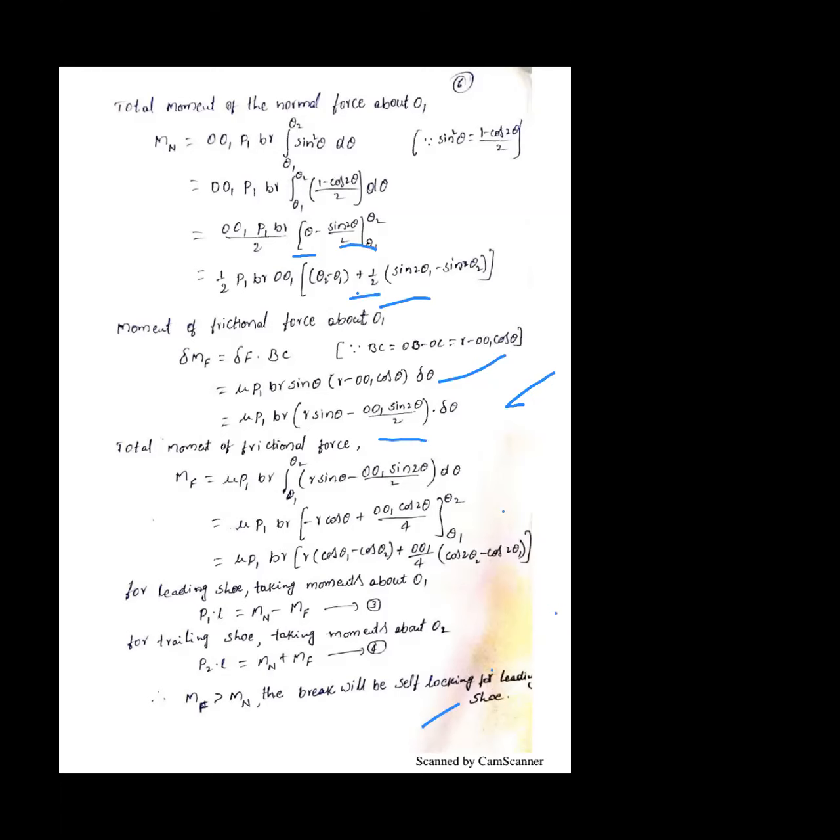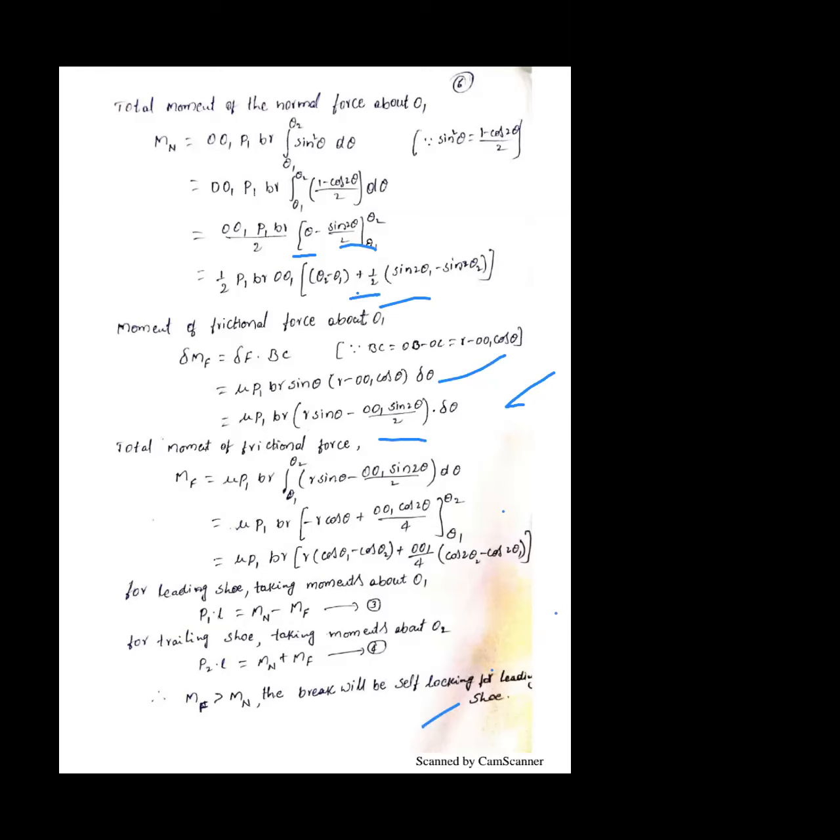Now to take the total moment of frictional force, we simply integrate the above equation. Mf equals mu p1 b r times the integral of (r sin theta minus O1 sin 2 theta by 2) d theta.